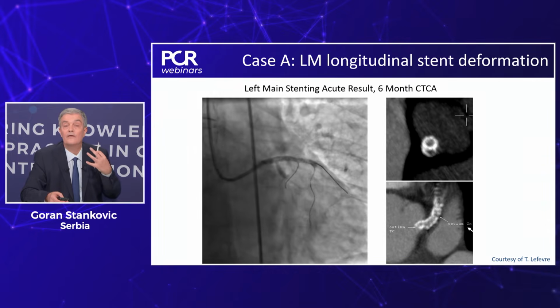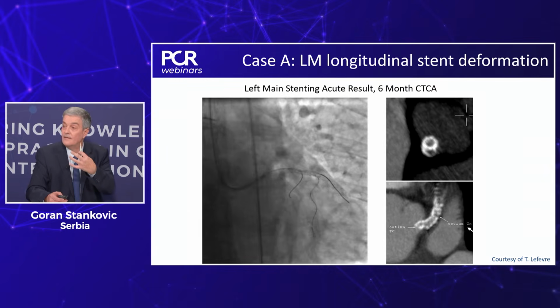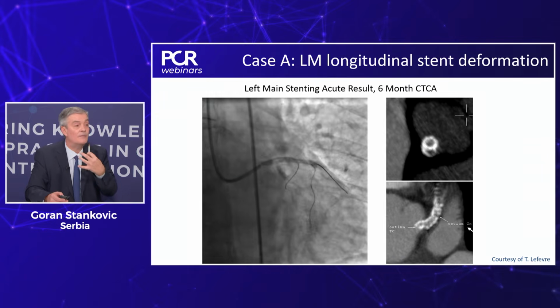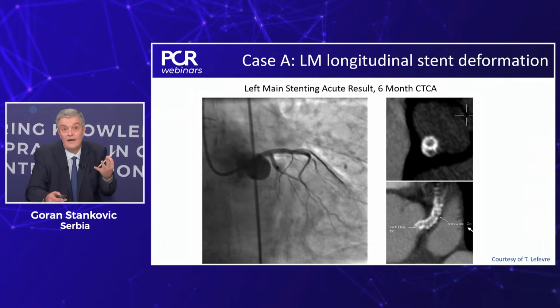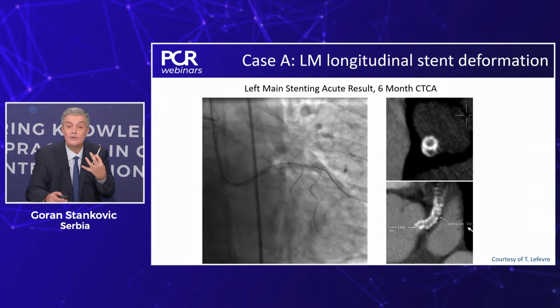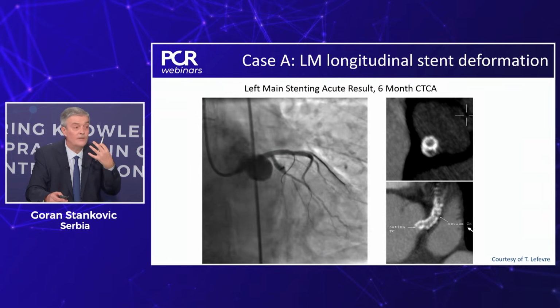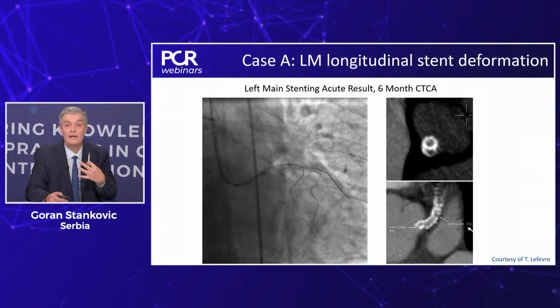Look, there is clear deformation that was induced by the guiding catheter during the procedure. This longitudinal deformation at the proximal edge was not clear. The final result was really optimal, you don't see it by angio, but you need to keep in mind that contact between the tip of the guiding catheter and the stent can create deformation.